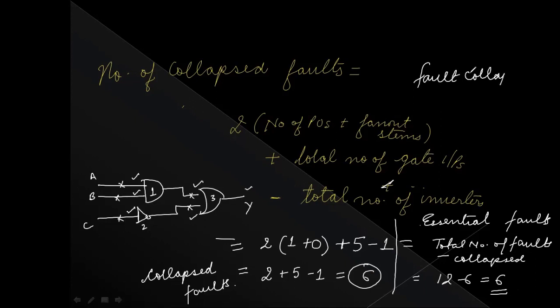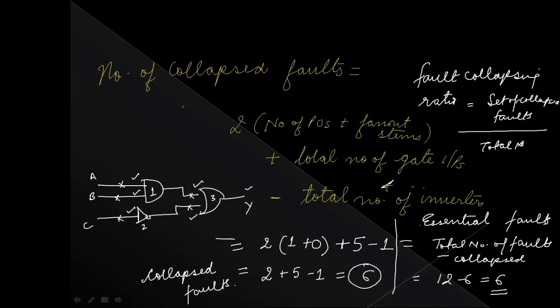This is an important parameter, which is the set of collapsed faults divided by the total number of faults. This is how we actually measure how much equivalence we need to achieve in a circuit.